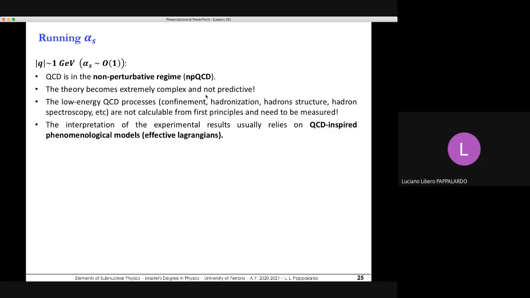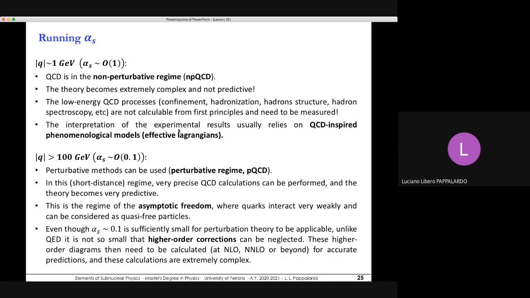So the theory becomes extremely complex and not predictive. In fact, low energy QCD processes like confinement, hadronization, hadron structure, hadron spectroscopy, etc., are not calculable from first principles. They need to be measured experimentally or modeled by so-called QCD-inspired models. These are models inspired by the QCD Lagrangian, but with some effective terms. So we have essentially a model-dependent approach in order to explain this regime of QCD.